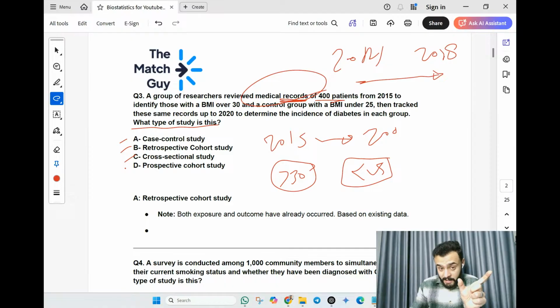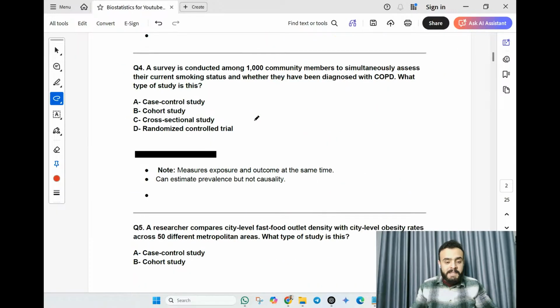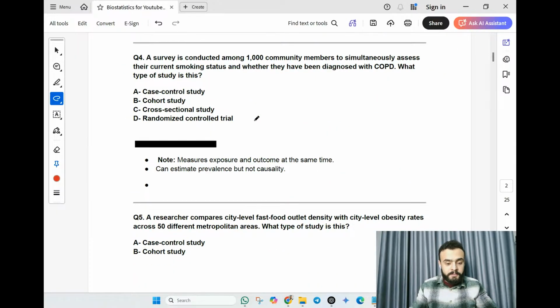I started with the risk factor and ended with the outcome, same as a prospective cohort, but both my start point and end point were in the past. Clear? That is retrospective cohort. You see medical files, medical records, close your eyes and pick retrospective cohort. Clear? Next design, next question.